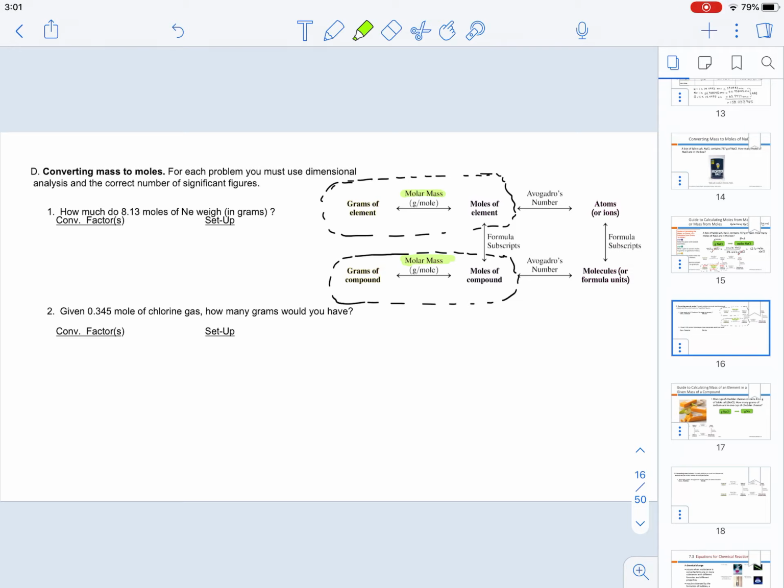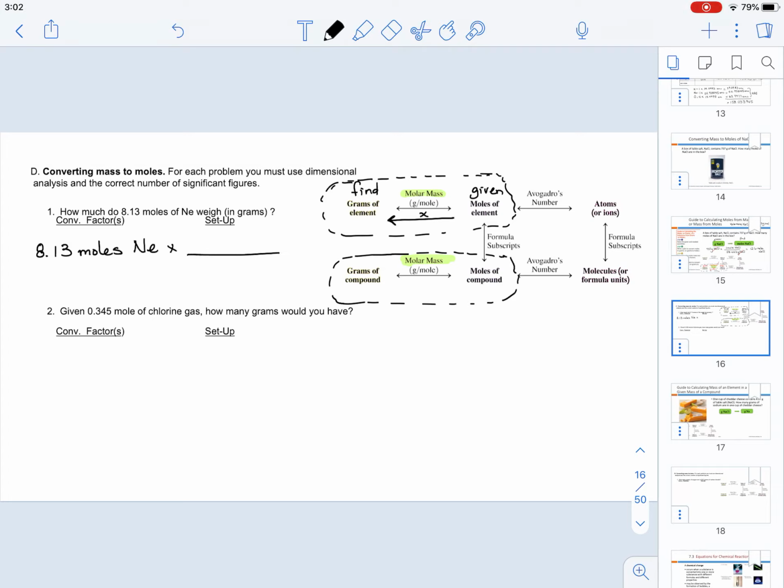So in order to do this, I am going to do problem 1 as an example, because in problem 1 I am given moles of an element, but I need to find grams of an element. So I need to go this way, and when I do that, remember that we're going to multiply times the molar mass. So I write in the value that was given to me, which is 8.13 moles of neon, which is our element.